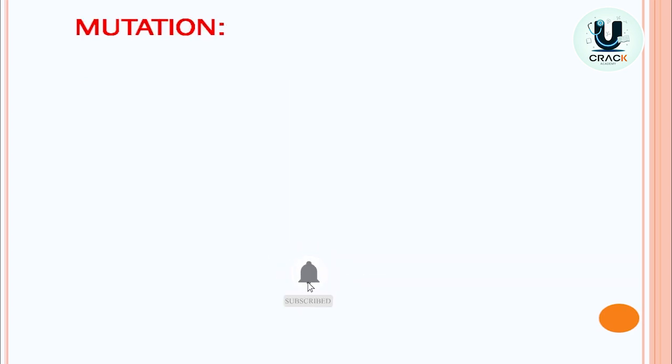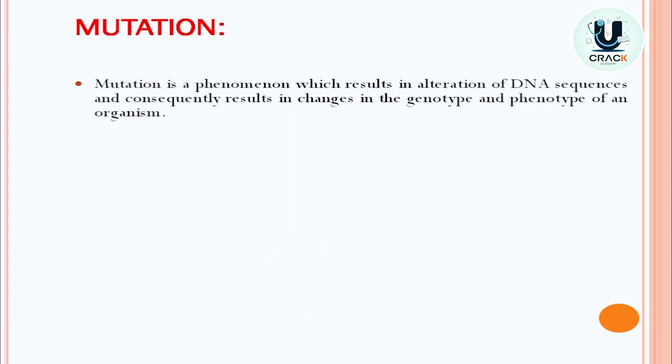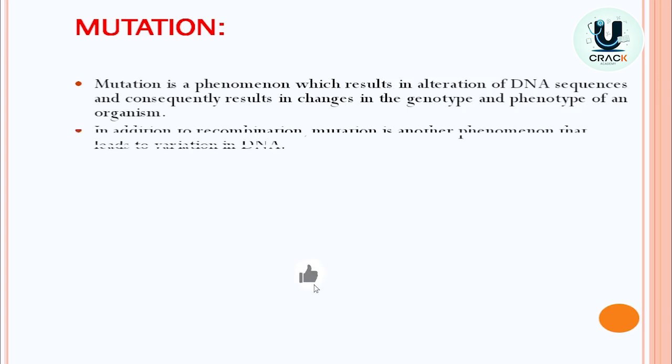Mutation, which is a most important topic. Mutation is the phenomenon which results in alterations of the DNA sequence, affecting genotype and phenotype. We are going to see that in detail in the next chapter. In addition to recombination, mutation is another phenomenon of variation seen in DNA.